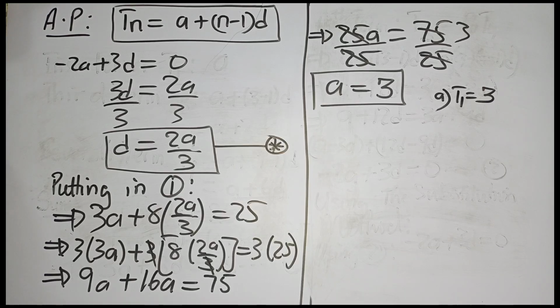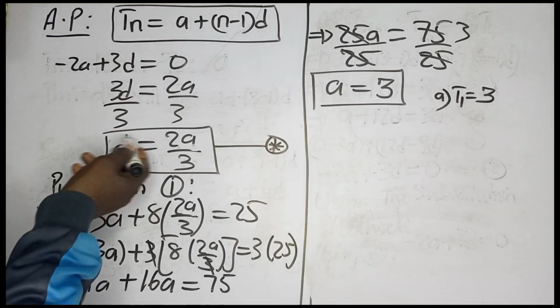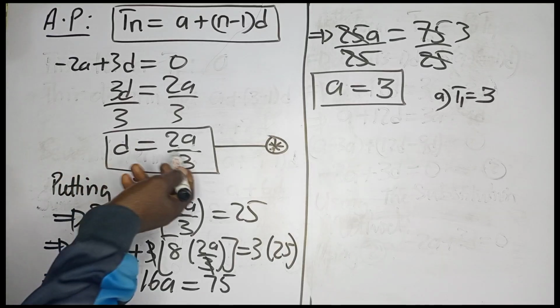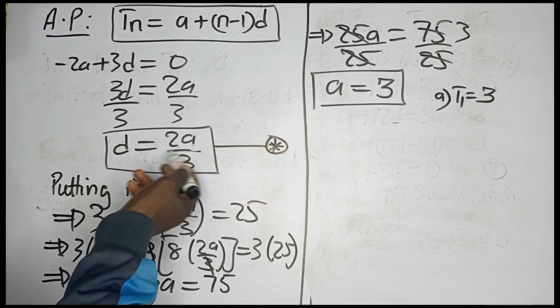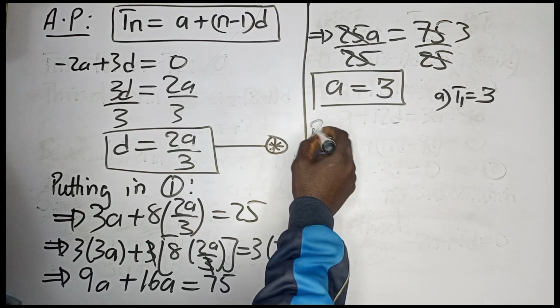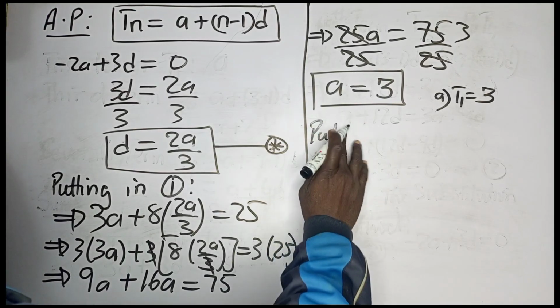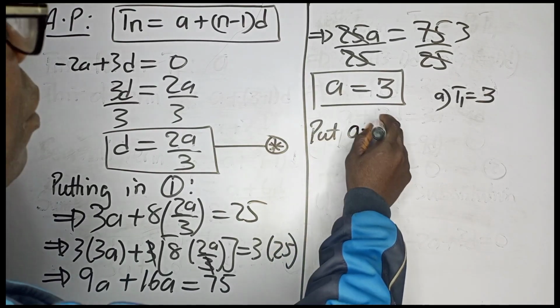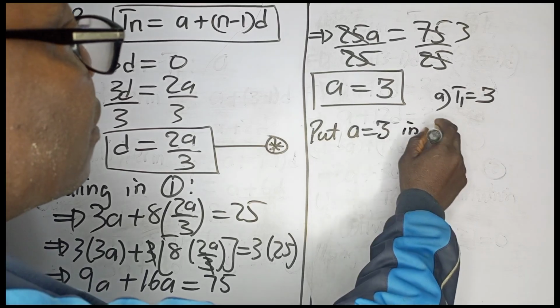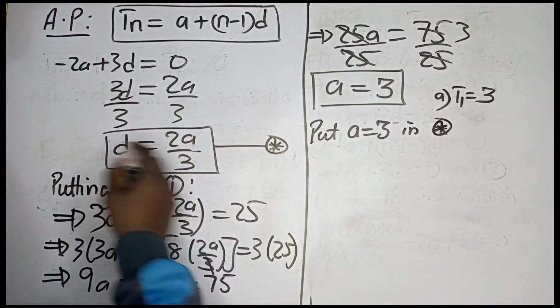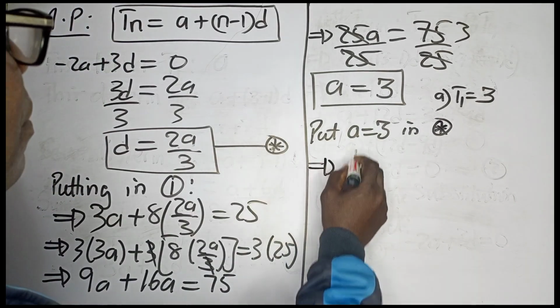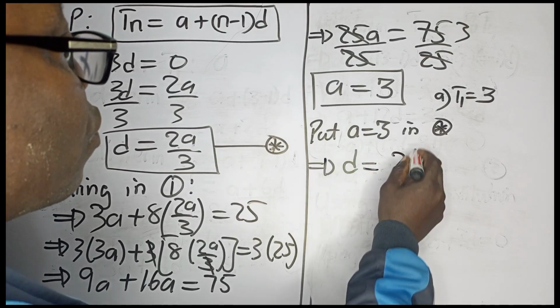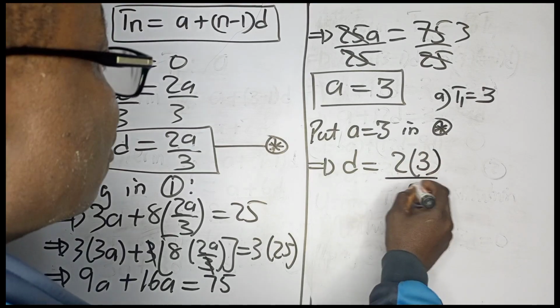Now, part B says find the common difference. Common difference is solving for d. And this is the expression that will enable us get the value of d, the common difference. So what do we do? We put a equals 3 in star. This is our star. So this means d is equal to 2 into 3 all over 3.